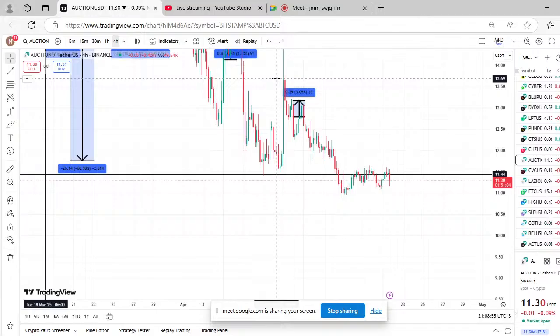Yes, and the structure can also change. Maybe on 15 minutes you can identify an uptrend, but remember you are on a lower time frame, meaning it will not last longer. The more you go down, 15 minutes, 30 minutes, 1 hour, 5 minutes, just know that even the trend will not last too long.